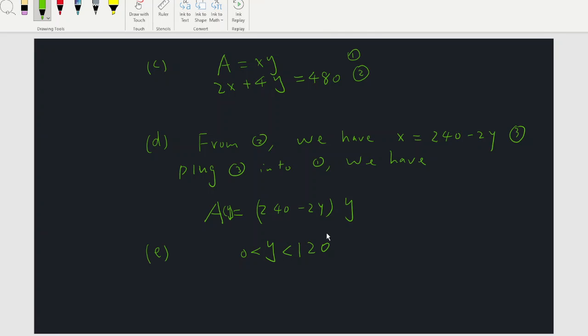That's what I meant by finding the domain of the function using the meaning of the question. Now the problem has been converted to a math problem. We're going to maximize A, a function of y, when the value of y is between 0 and 120. At this point, you can follow the routine, the step procedures we have learned last time.